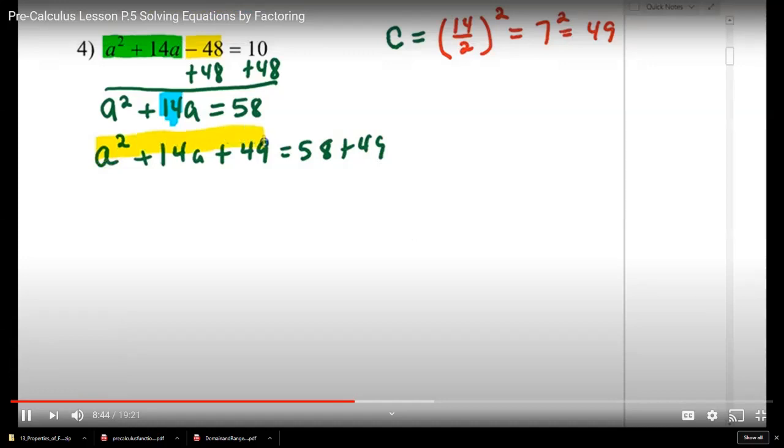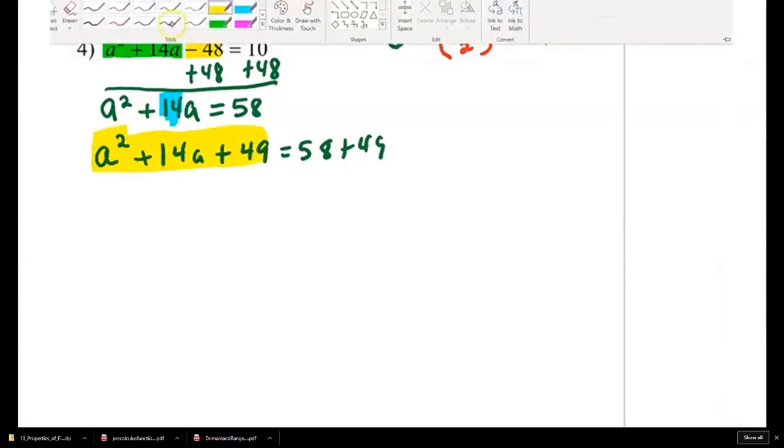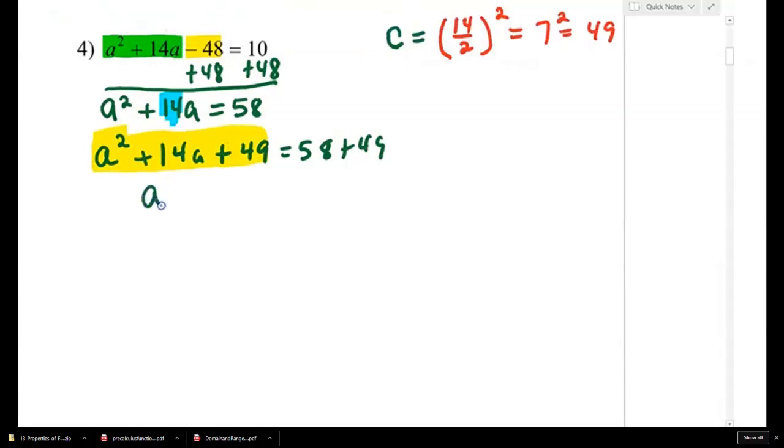This left-hand side is a perfect square. So what do we have? We have a plus 7 times a plus 7 is equal to 58 plus 49. 58 plus 49 gives you 107.